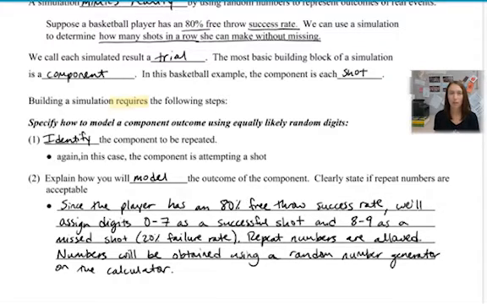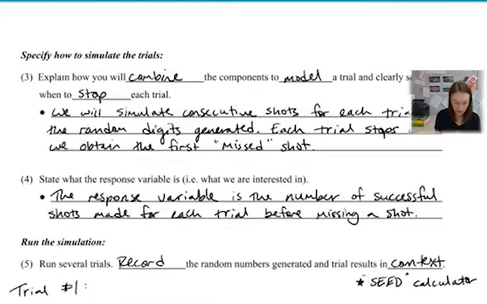Examples where it wouldn't be allowed is if numbers represented individuals, like people. Each number represented a person that you were choosing. Well, you can't choose the same person twice, that sort of thing. So sometimes repeats are allowed, sometimes they're not, and you definitely need to think about it and state it in your statement here. Numbers will be obtained using a random number generator on our calculator.